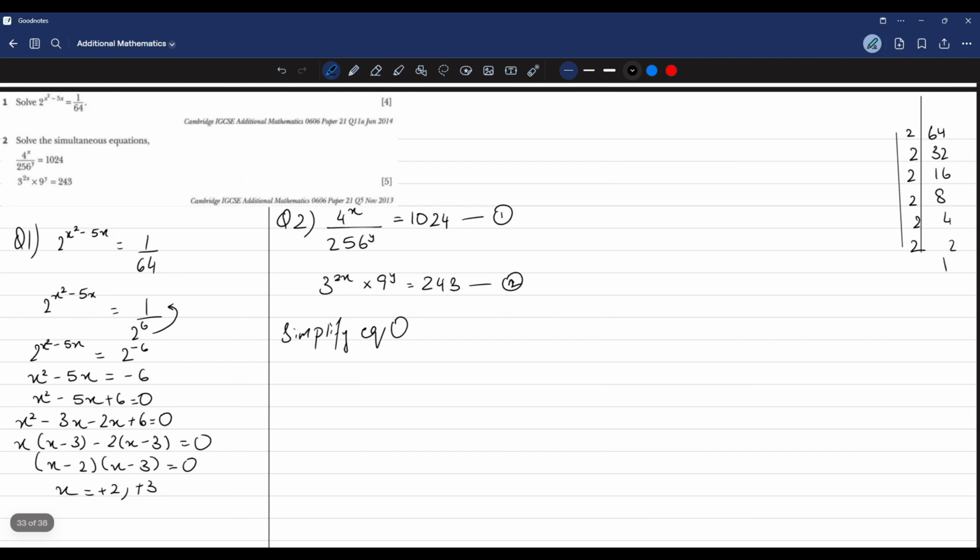Simplifying equation 1, one thing common in all of these is that all of them can be taken into a base of 2.